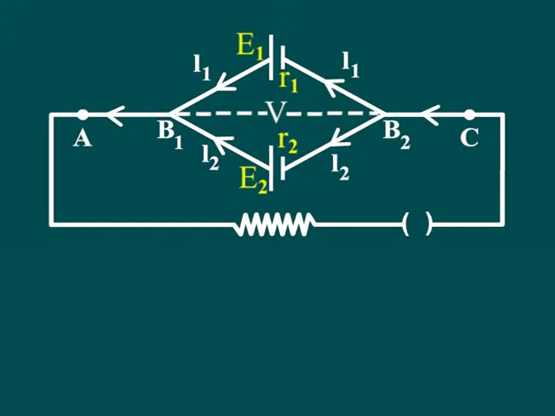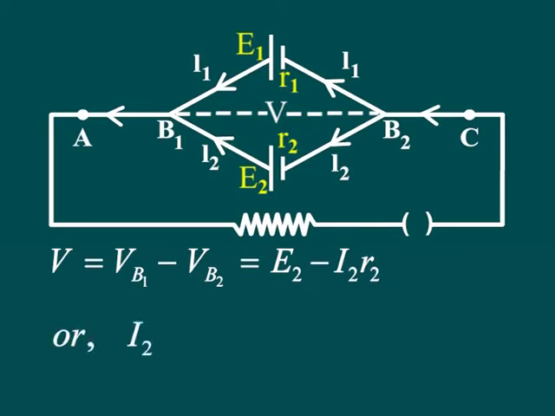For the second cell, V is equal to VB1 minus VB2, which is equal to E2 minus I2 R2, or I2 is equal to (E2 minus V) upon R2.